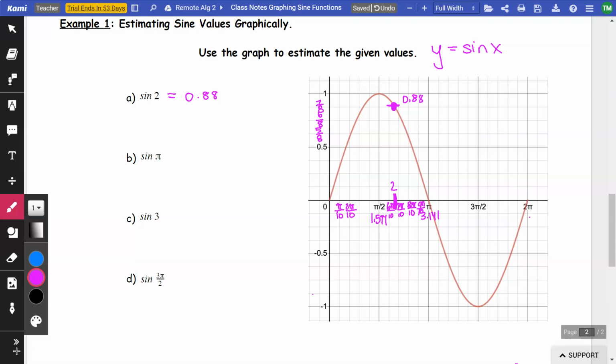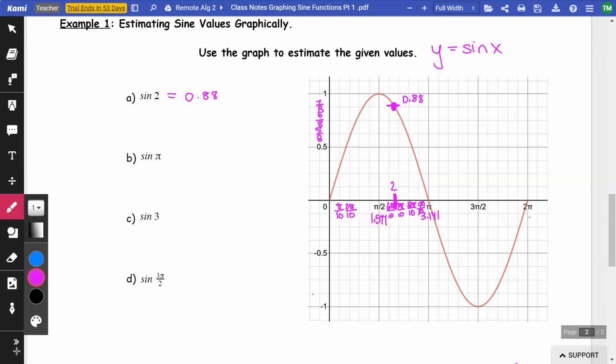We can actually plug this into our calculator and see how close we were. So what's the sine of 2? My calculator is incorrect because it is in degrees, not radians. We have to change our calculators to measure in radians, so I'm going to go to mode and select radians.